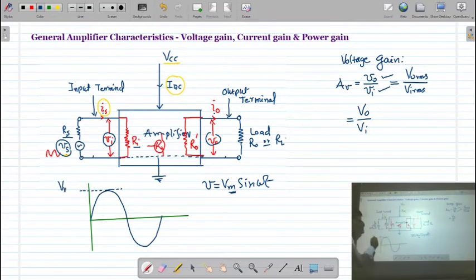It is called Vm, or sometimes we represent it as Vp, that is known as the peak value. Then for this negative cycle, this voltage is known as minus Vm, or you can say minus Vp.